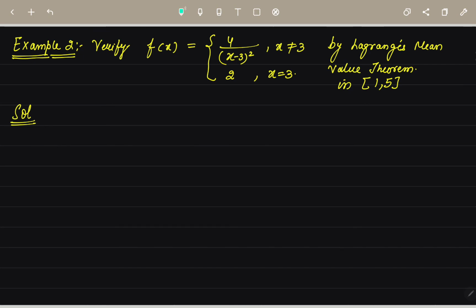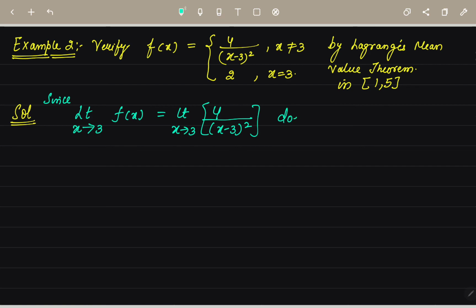For continuity, when I apply the limit as x approaches 3, see what happens. Since I am taking the limit as x approaches 3 of this function, this term does not exist, because when x approaches 3, 3 minus 3 becomes 0 and 4 divided by 0 becomes infinity.